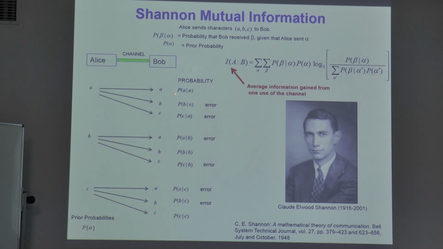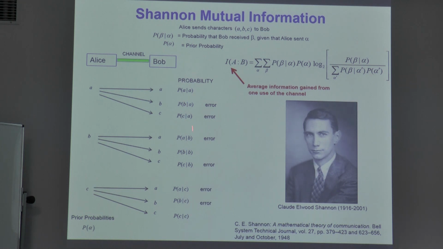Bob can receive A. That would be the probability that Bob received A, given that Alice sent A. On the other hand, Alice could have sent A and Bob could have received B. So there's a probability that Bob received B, given that Alice sent A, and that would be an error probability, and so on.